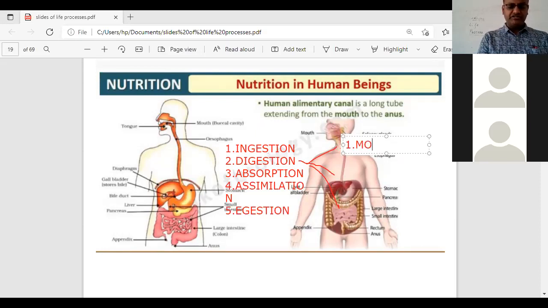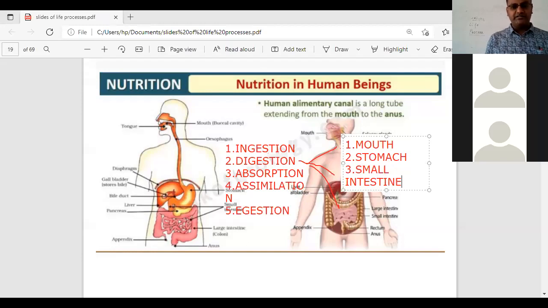The first is we have to study the digestion under the heading mouth. Then we have to study the process of the digestion in stomach. And then we have to study the process of the digestion in small intestine.